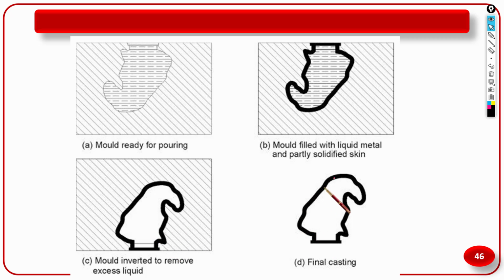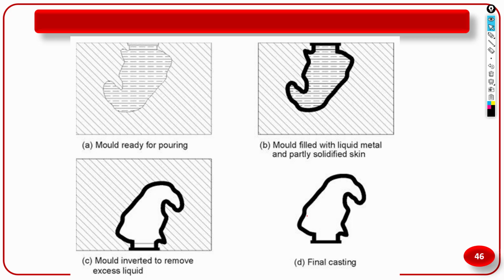This is the final casting, which is just like any kind of idol, any metallic idol which is made of metal. You will see that from inside it is hollow. So how is it made? That is made by this slush casting only. What is done?